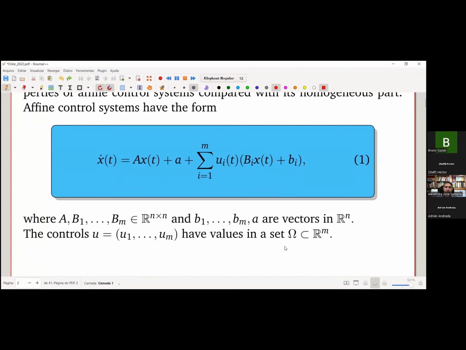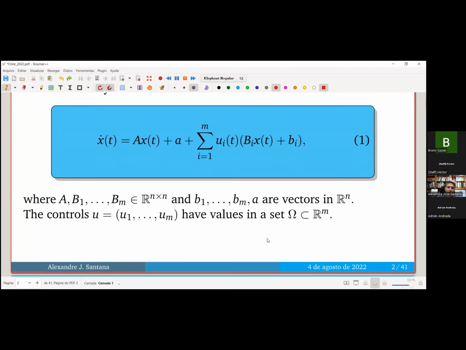So what we want to discuss here is the controllability properties. That means, for example, let me consider here R2. So I am considering this system restricted to two-dimensional Euclidean space.